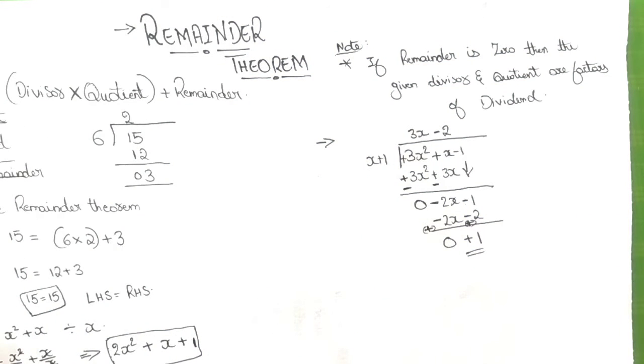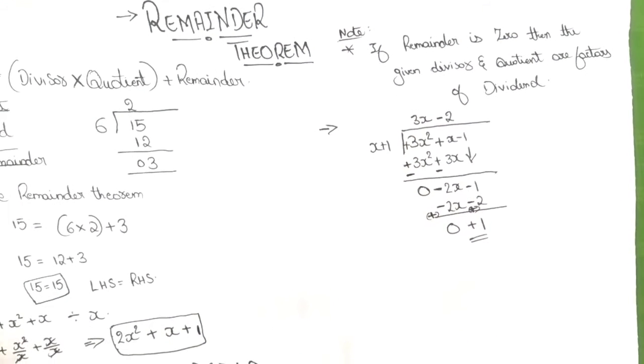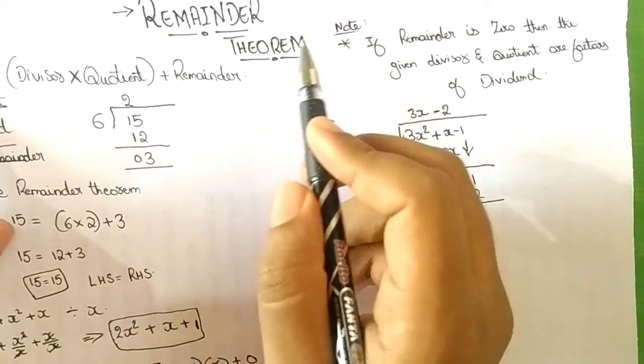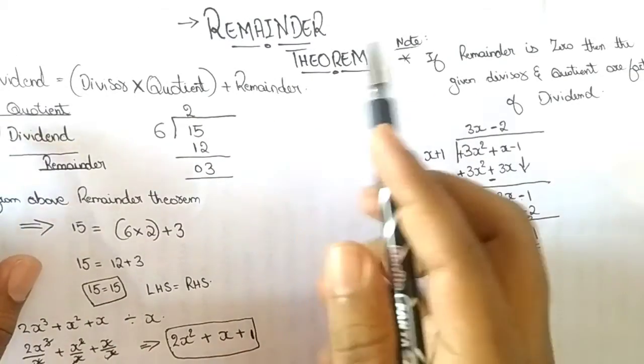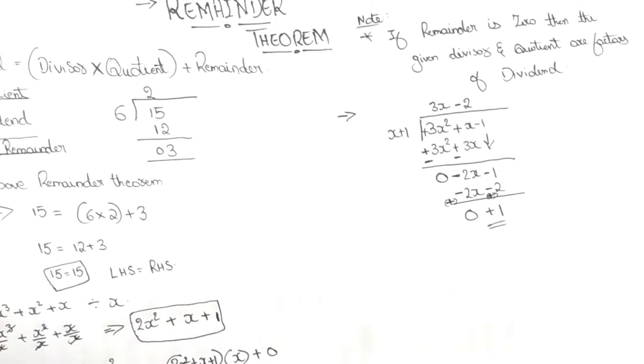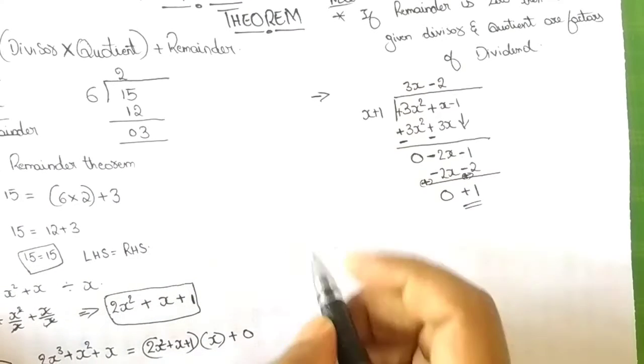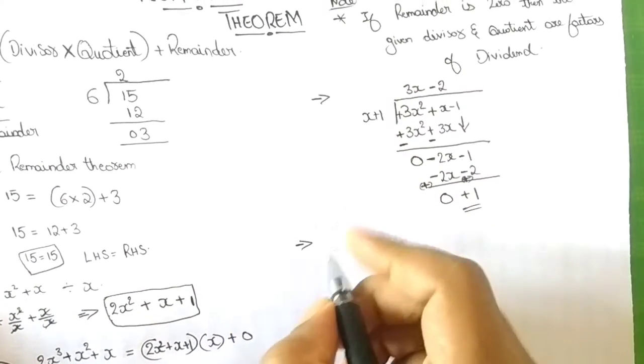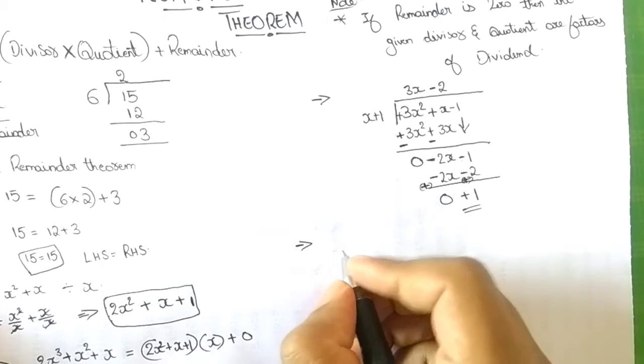Now the second part, what I need to tell is this. It's clear. Please take a note, take down this formula. The second part is the remainder theorem.